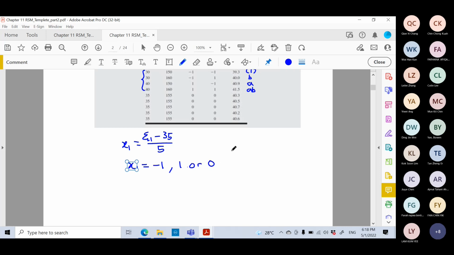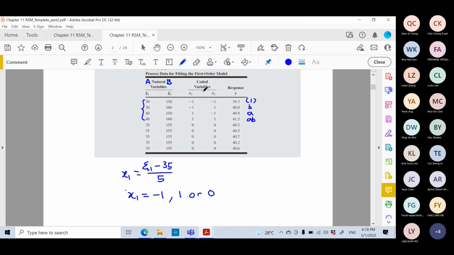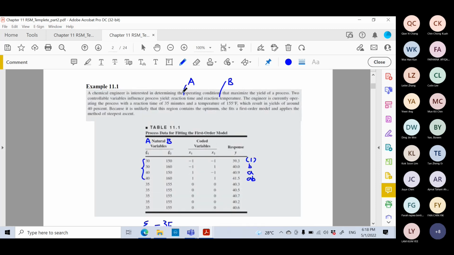Similarly, if you want the coded variable for the other factor, consider the relationship between the natural variable and the coded variable. The natural variable means the variable in its original units. Here the first one is in minutes, and this one is the temperature, 150, 160, and 155.